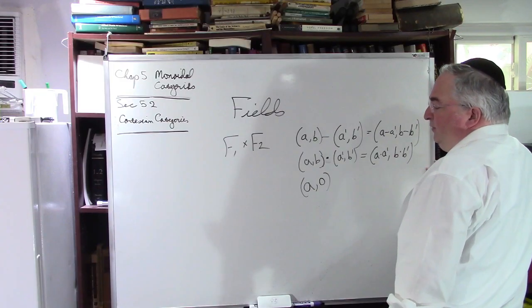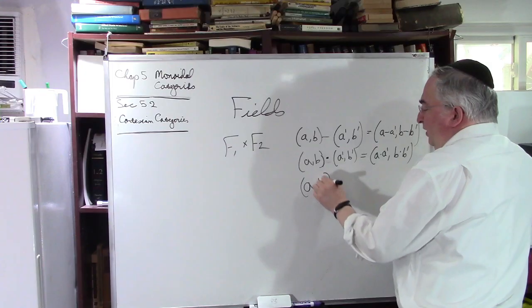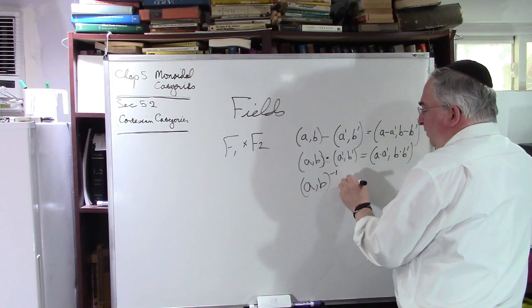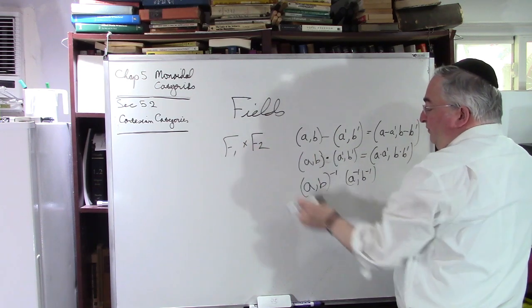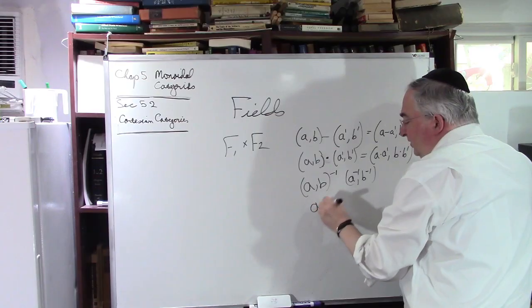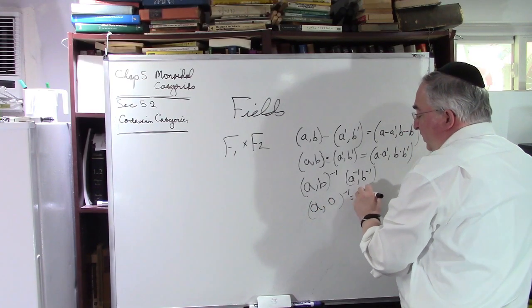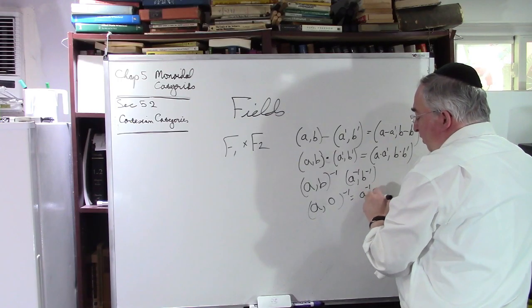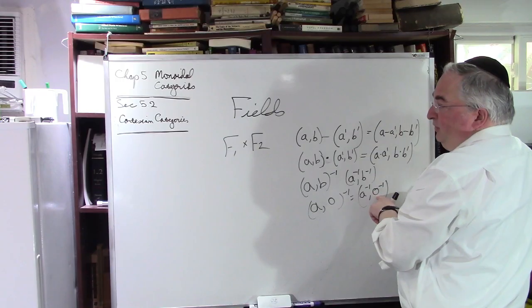What's going to be the inverse of an arbitrary element? You might write it as A minus 1, B minus 1. Okay, it has an inverse in here, it has an inverse in here. But what about this element, A comma 0? What's the inverse of this? You might say it's A minus 1, 0 minus 1. Buzz. There is no inverse of 0.